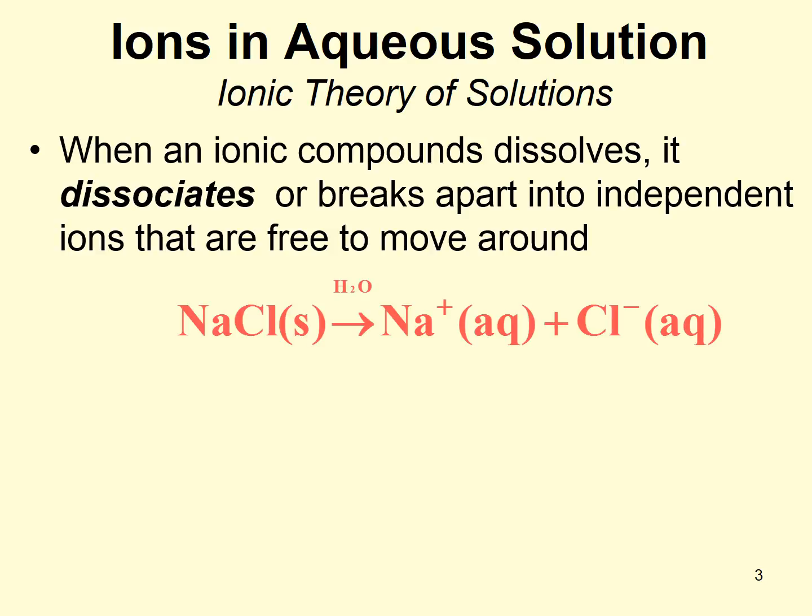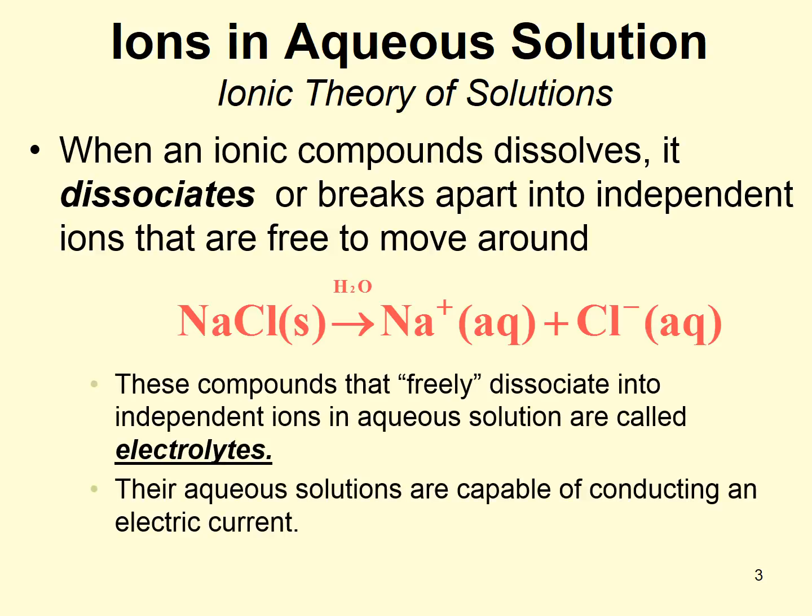For example, if you put some salt, NaCl, into water, it will break up into the Na+ ions and the Cl- ions. The way that it does that we'll see on the next slide. They dissociate because they are now independent of each other. And they are electrolytes because they are charged particles.